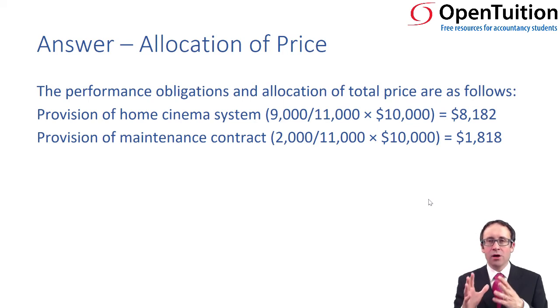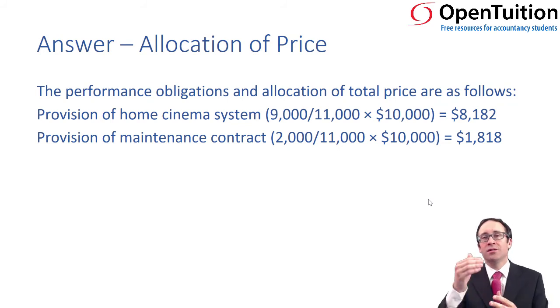Okay. So the key bit there is that you allocate the transaction price based upon the standalone price of the goods and the standalone price of the services. You total the standalone prices together, and then you use that as the denominator in your fraction to apply to the transaction price in total.